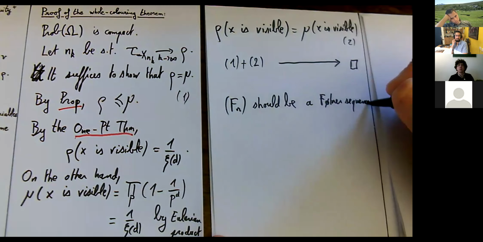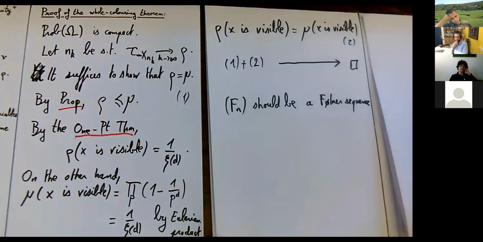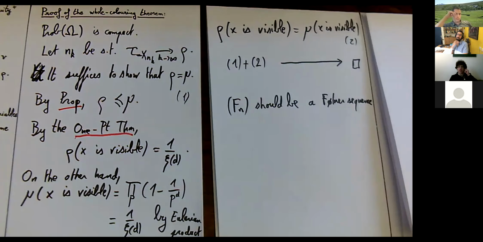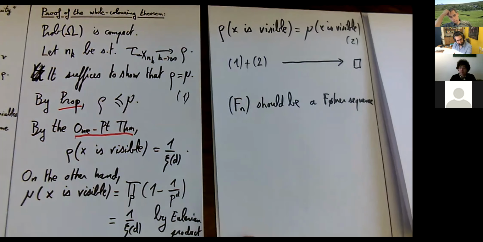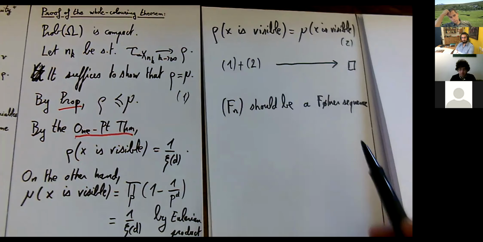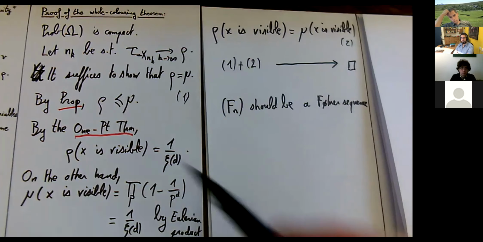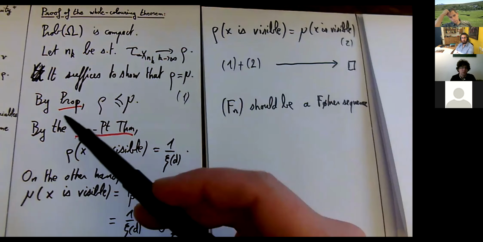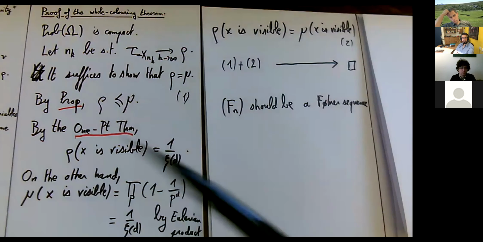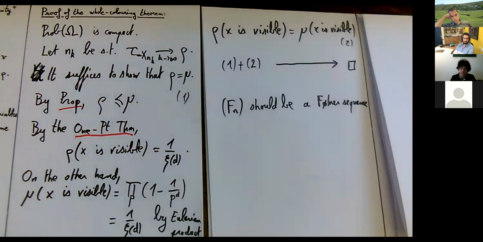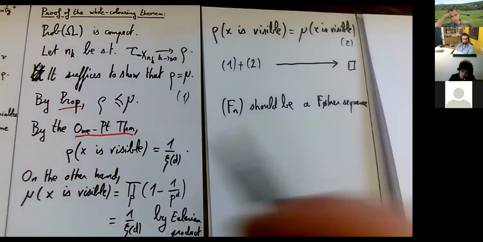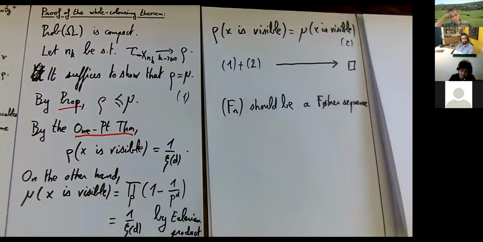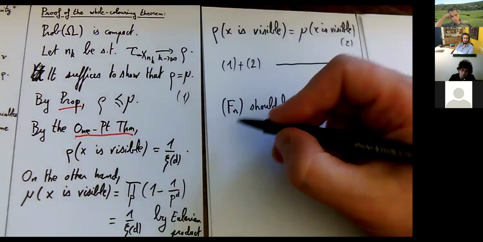I just mean that what follows is a natural sufficient condition, which is quite general. So Fn should be a Følner sequence. In this way, the previous lemma works, and therefore the proposition works as well. But we also need the one-point theorem. So it should be a Følner sequence such that the one-point theorem holds.